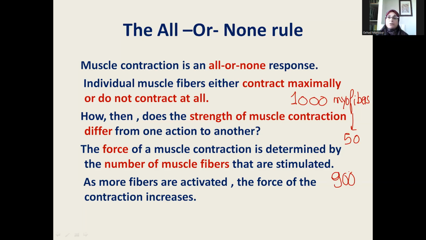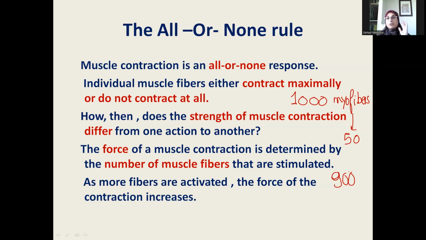But what makes the difference in the strength of the muscle as a whole, not the myofiber, is that not all the fibers contract at the same time. And this is important because it helps some muscle fibers to have some rest and to replenish their stores of ATP. So muscle contraction is an all or none response.